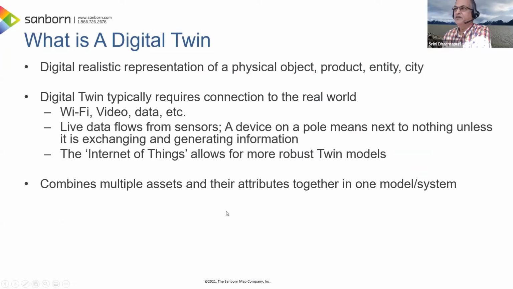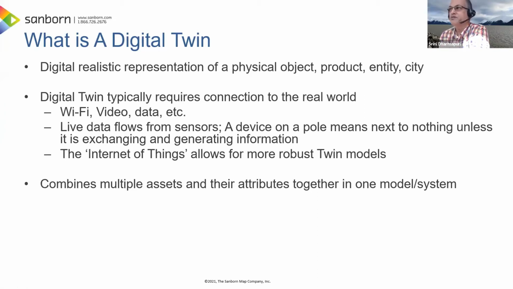So with that, let me get into the main topic. The very first question is, what is a digital twin? In the simplest way, a digital twin is a realistic representation of a physical object, product, entity, or a city. So it can be anything. It's a digital representation of a physical object. The most important thing about the digital twin is the last bullet: it combines multiple assets and their attributes together in one single model or system.